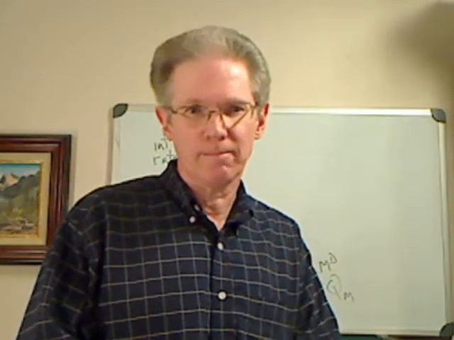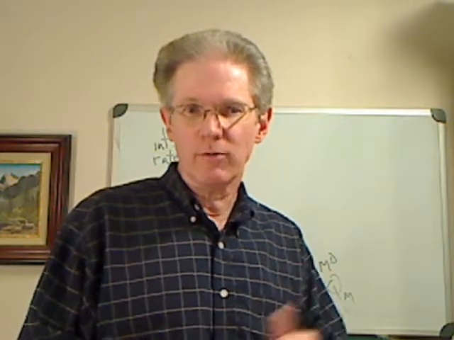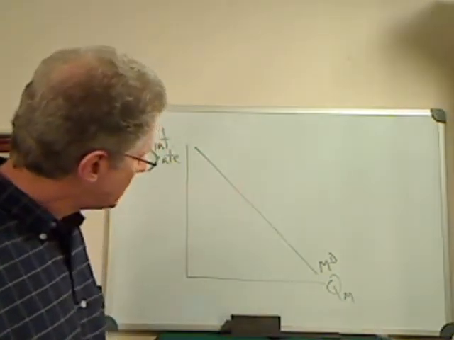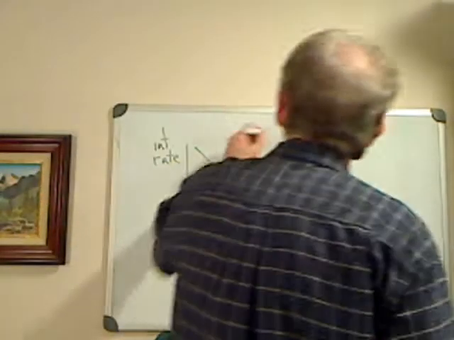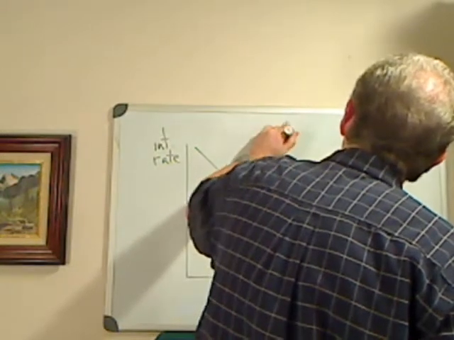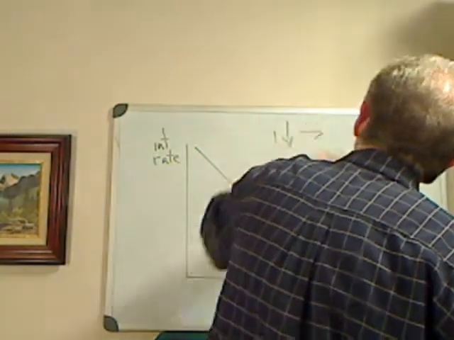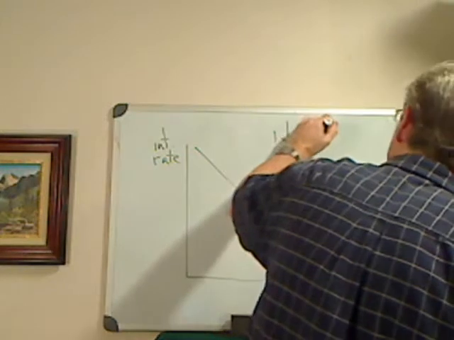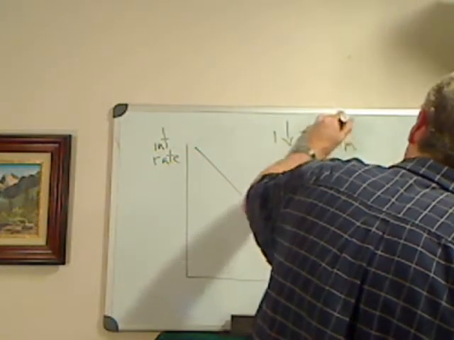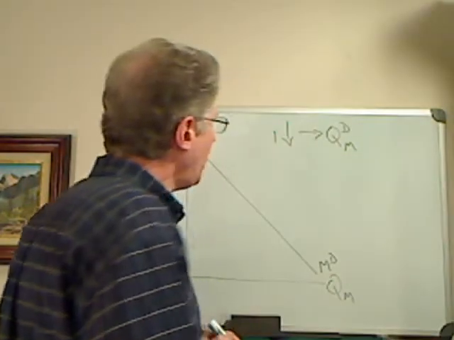Anytime you have a negatively sloped curve, what's the relationship between them? It means there's an inverse relationship. If one goes up, the other goes down. So the negative slope of this demand curve is telling us that if interest rates go down, then the quantity of money demanded, the amount of money people will want to hold, is going to go up.